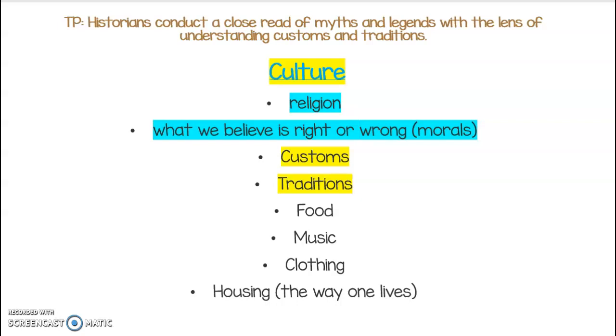In our previous two lessons, we focused a lot on religion and their moral beliefs, and we analyzed their myths and legends with that lens. But today we're going to analyze their myths and legends using the lens of customs and traditions.